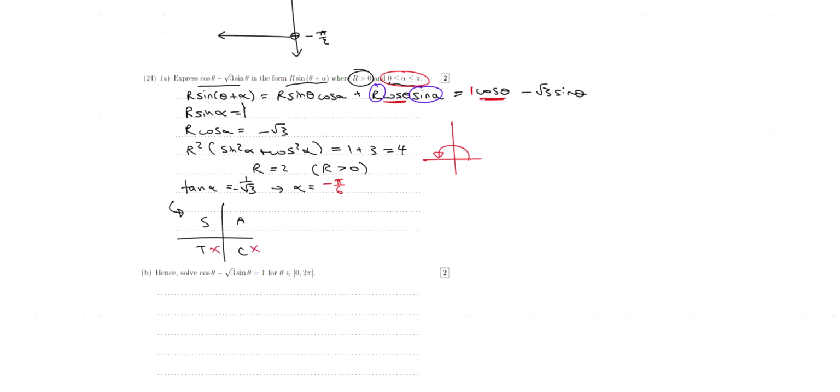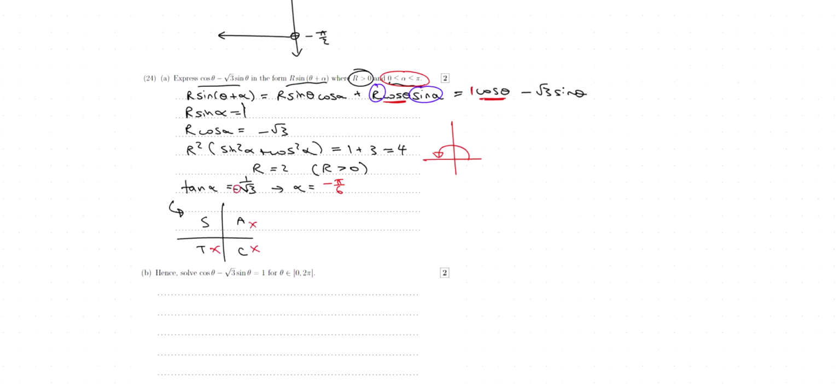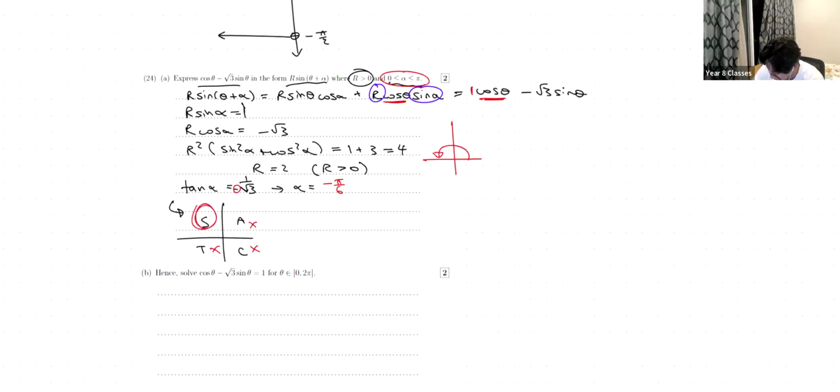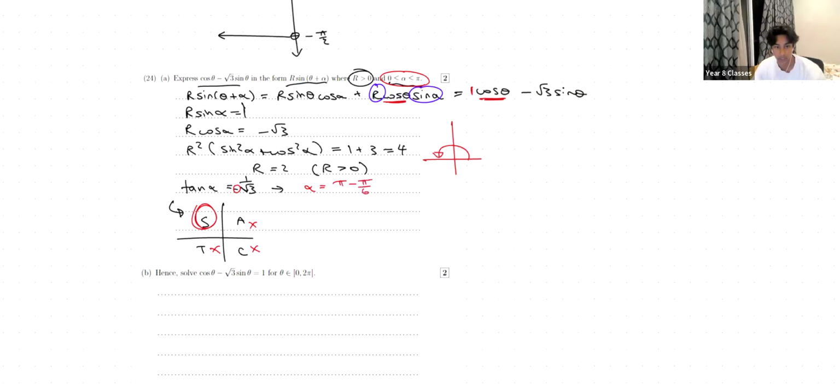And we know this is a negative sign, so it can't be in the first quadrant. It can only be in the second quadrant. So we do pi minus π/6, which is 5π/6. Exactly. Very good.